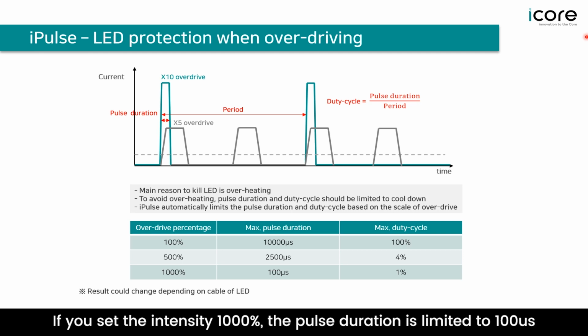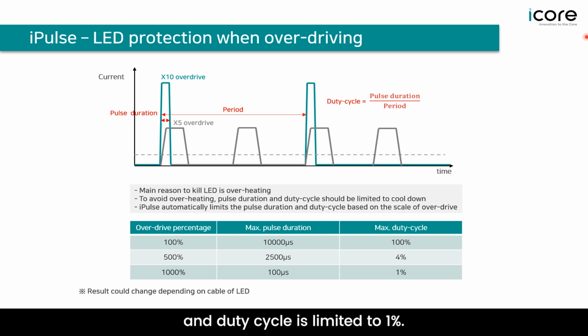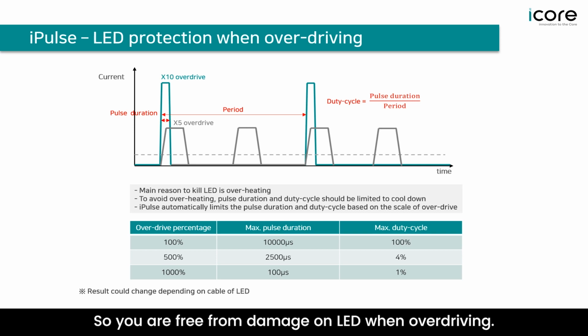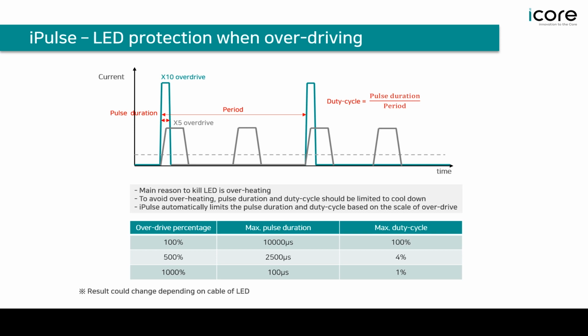If you set intensity 1000%, the pulse duration is limited to 100 microseconds and duty cycle is limited to 1%. That means there is more protection when overdriving more. So you are free from damage on LED when overdriving.